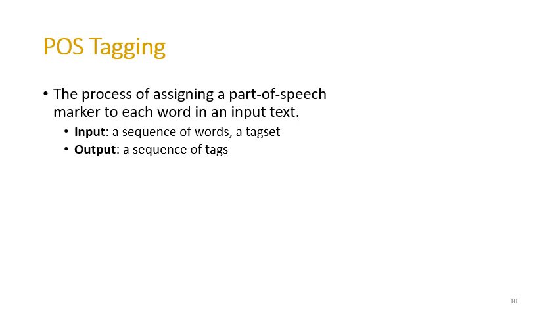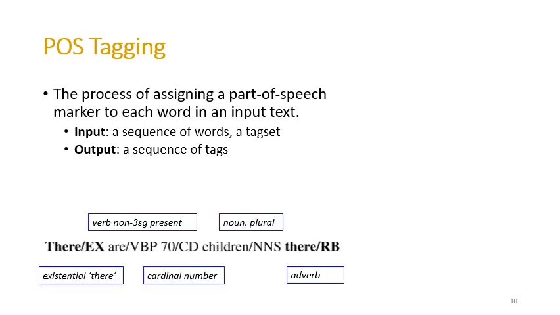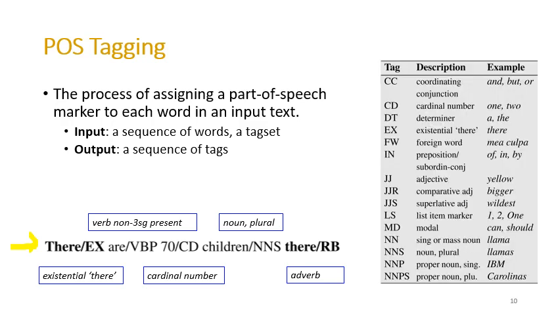So what is the part of speech for each word in the sequence? Let's say we are given the sequence of words, there are 70 children there. And then we are given a tag set. For example, I show part of the Penn Treebank tag set here. Our task in part-of-speech tagging is to tag the words in there are 70 children there.